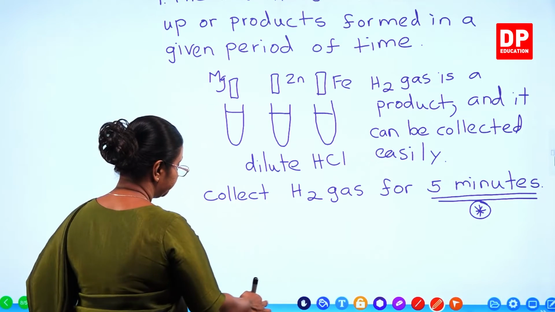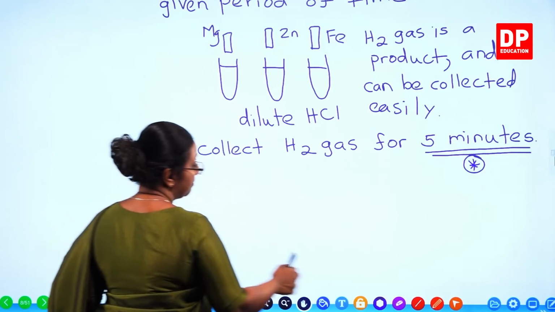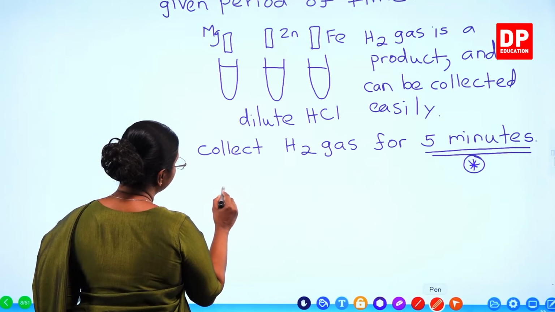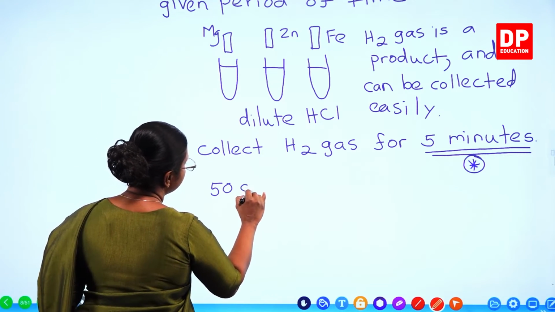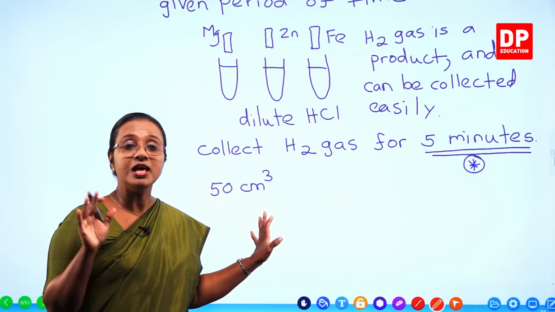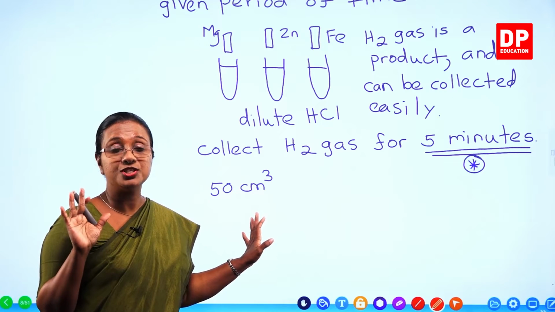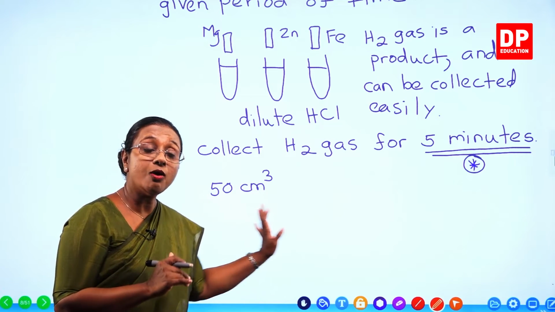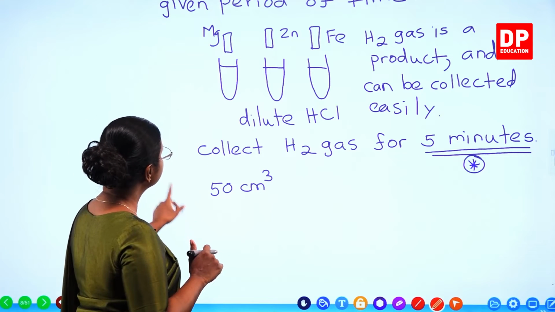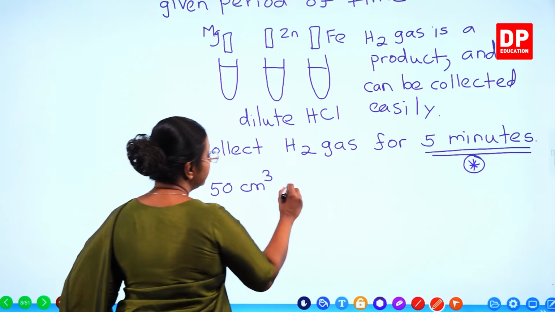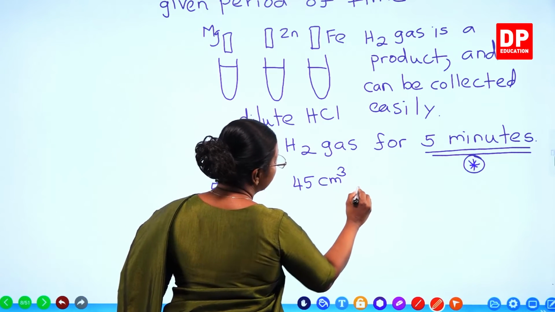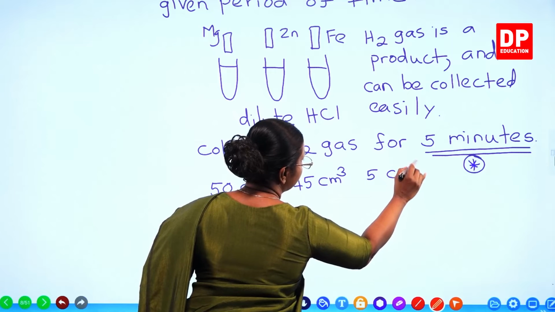So let's say if we take magnesium and zinc, maybe magnesium there will be about 50 centimeter cubes of hydrogen gas. This is again students, I am just giving you all a quantity, just the value, just to show you all how we can calculate and compare the rate of reaction. So let's say magnesium 50 centimeter cube, zinc about 45 centimeter cube, whereas iron is only 5 centimeter cube.